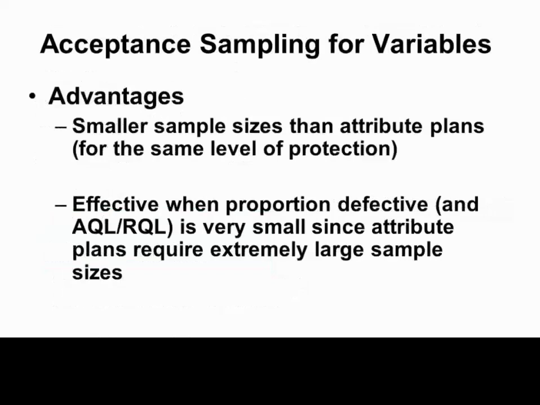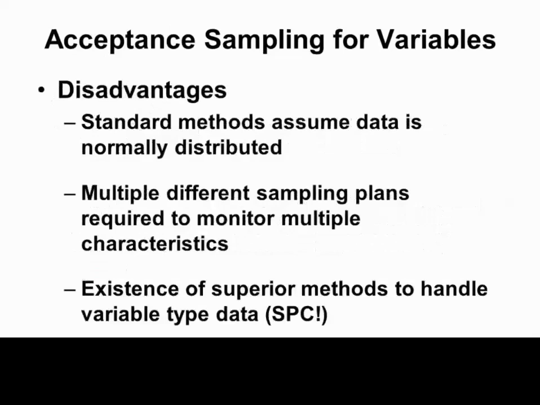Advantages of variable plans are, of course, we can get smaller sample sizes and also deal with smaller AQLs and RQLs. Trying to do that with attribute plans would be quite expensive in terms of the sample size needed. Things to watch out for with acceptance sampling for variables are that these methods assume data is normally distributed.